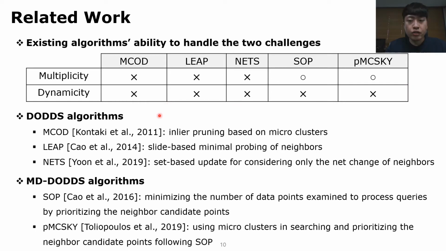DODDS algorithms, which only consider a single outlier detection query, have their own optimization techniques to process an outlier detection query accurately and fast, but they cannot deal with multiple or dynamically changing outlier detection queries. And for MD-DODDS problems, there are some algorithms to process multiple outlier detection queries at the same time, but they did not consider the case where the outlier detection queries are changing over time.